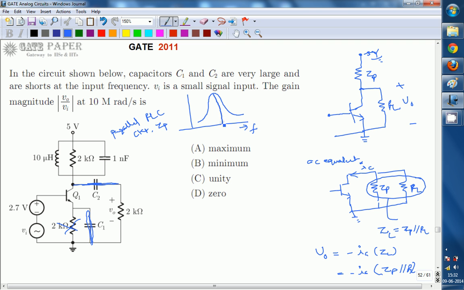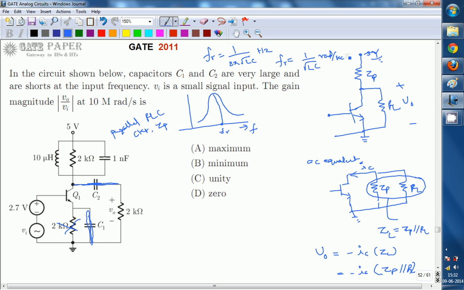That resonant frequency is called FR, and FR is equal to 1 by 2 pi root LC in hertz. Otherwise you can write FR is equal to 1 by root LC radians per second.